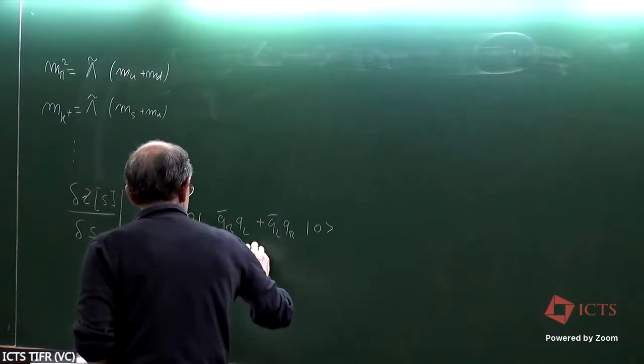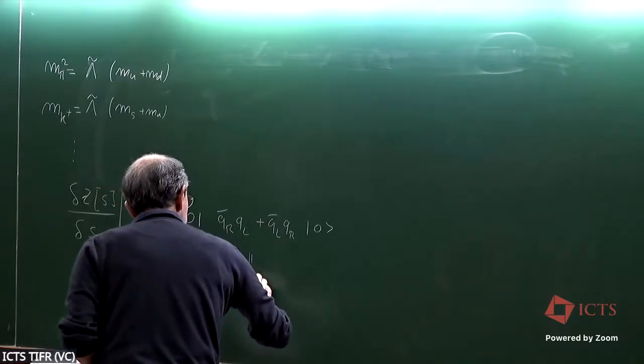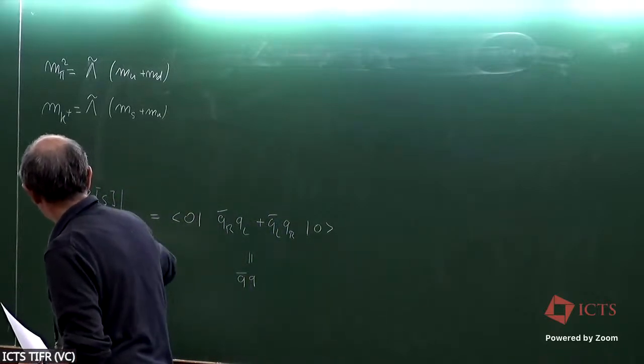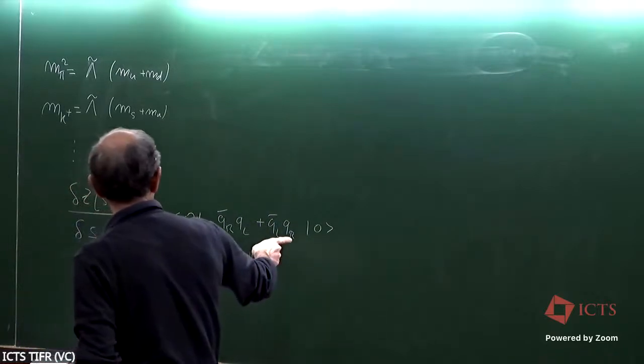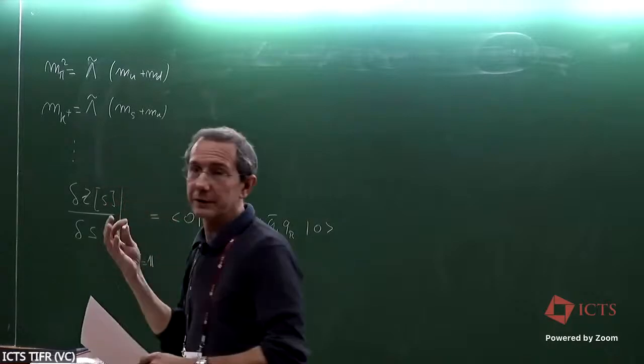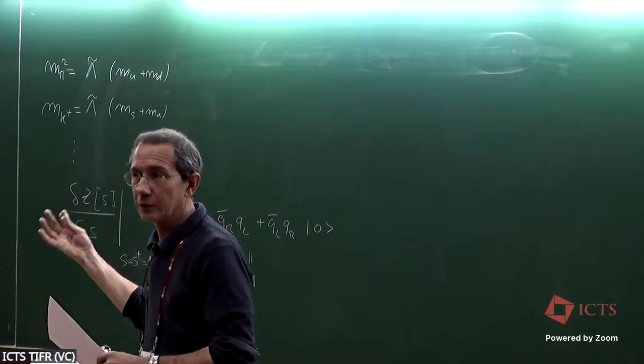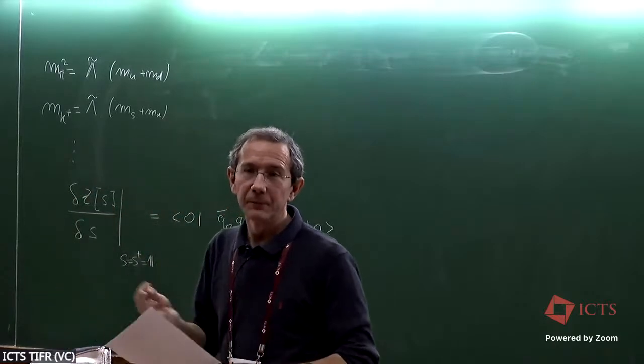So this is just Q bar Q. So the functional derivative with respect to S gives me the expectation value of Q bar Q.